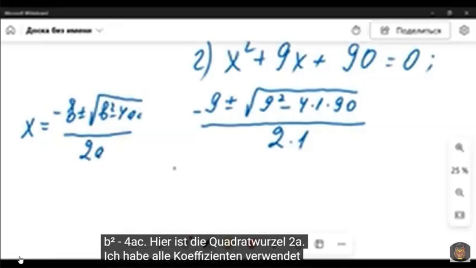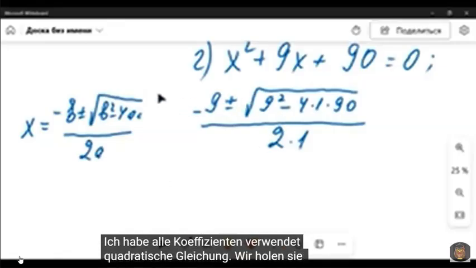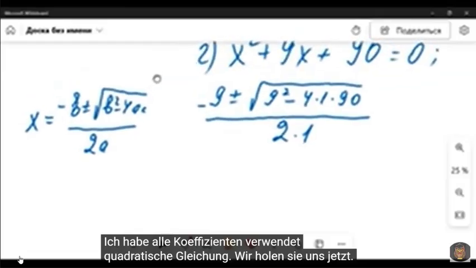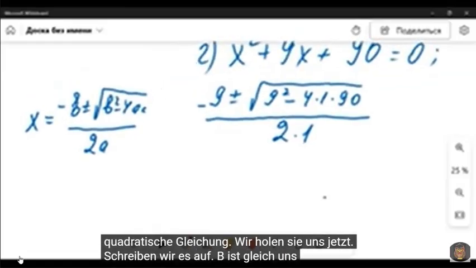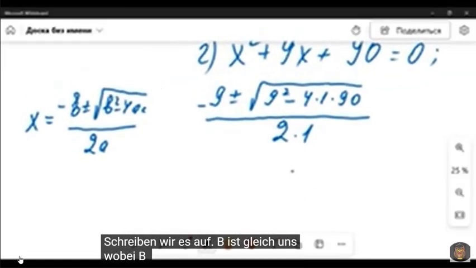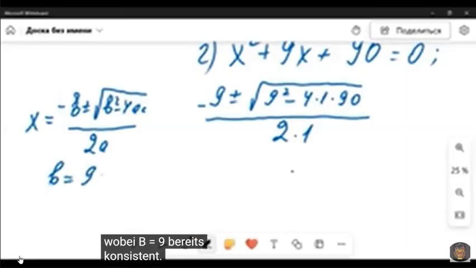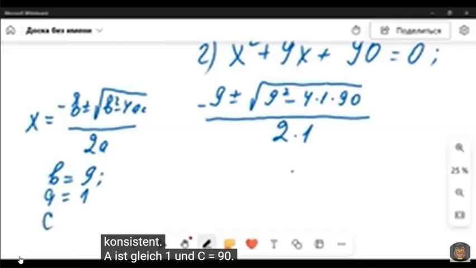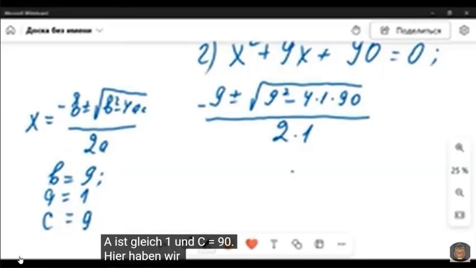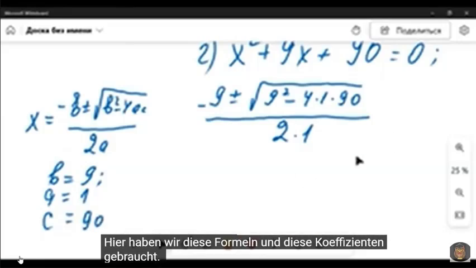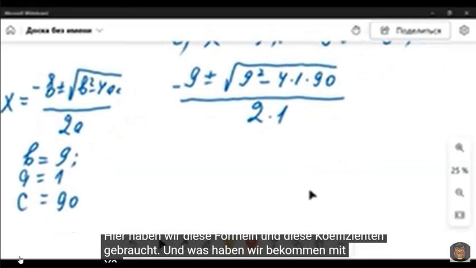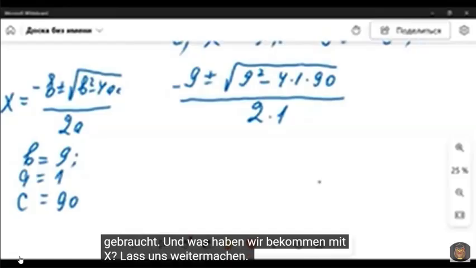I used all the coefficients of the quadratic equation. We'll write them out now: b equals 9, so that we are consistent, a is 1, and c equals 90. So we use these formulas and these coefficients. And what did we get with x? Let's go further.